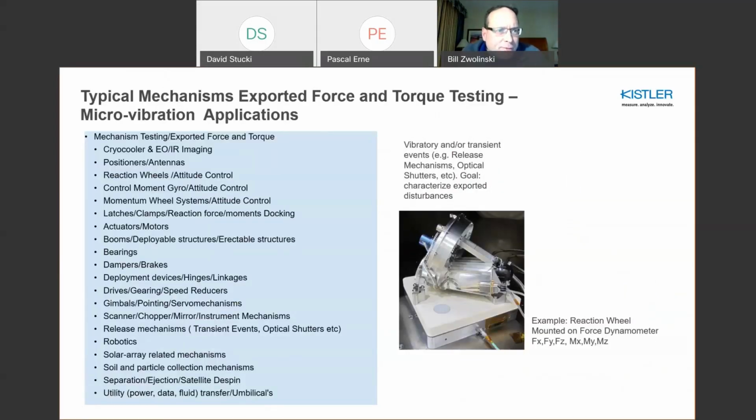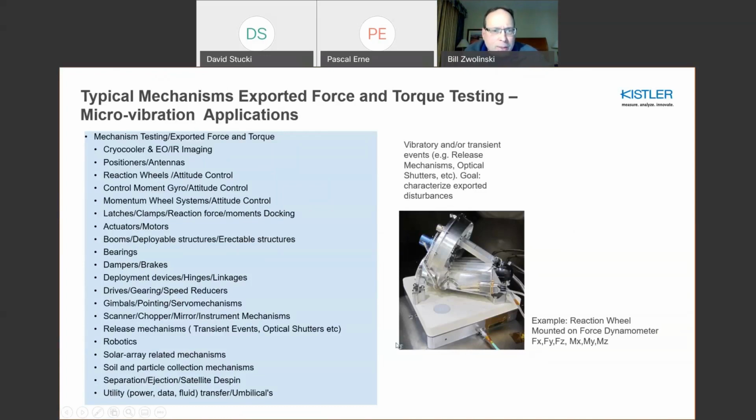We talked about micro mechanisms previously, but there's a multitude of mechanisms that go into the testing of exported force and moment. We're going to touch upon a couple of these in the next few slides, but the same concepts of force measurement can be applied to a lot of these mechanisms.